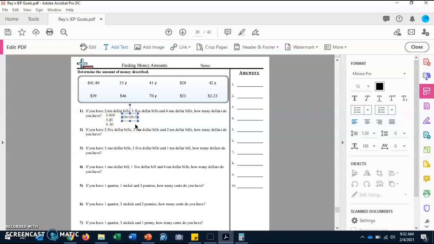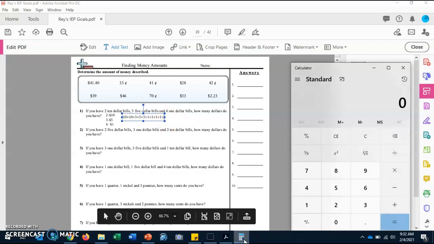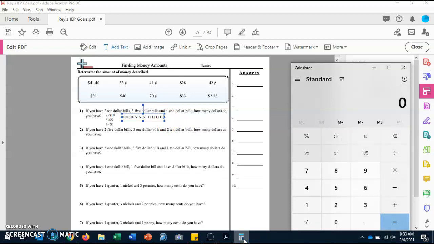Plus 5, plus 5, plus 5. And then she has 4 $1. So plus 1, plus 1, plus 1, plus 1. And when we add all of these together, it should give us the amount of dollars that she has.